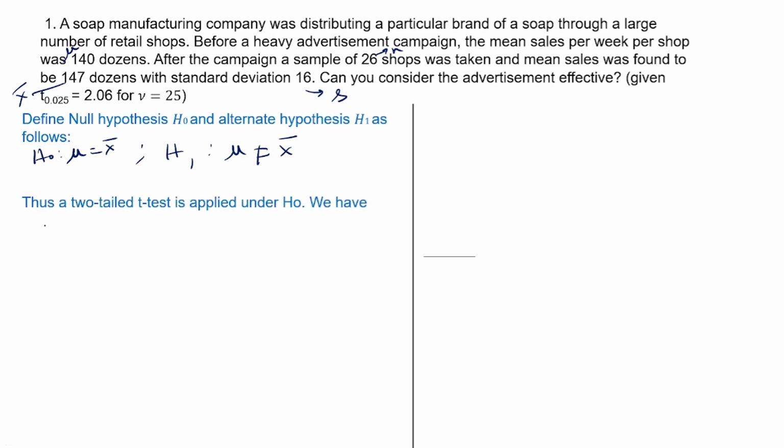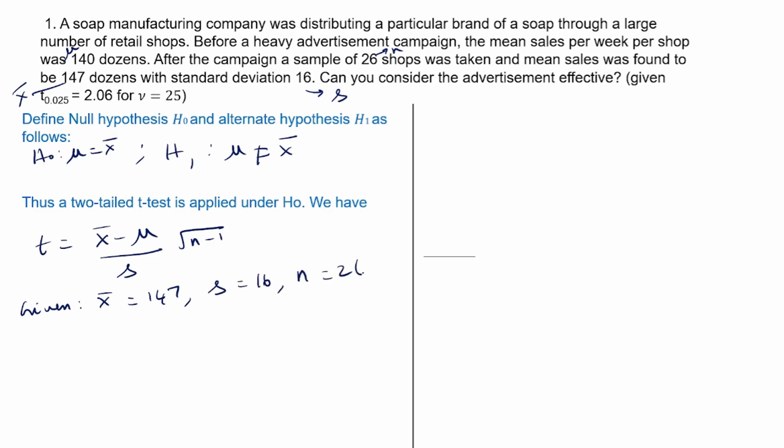So we have a two-tailed test applied under H0. We have the test statistic t equal to x bar minus mu upon s into root of n minus 1. Given x bar is 147, sample standard deviation is 16, sample size is 26 and mu is 140. When we substitute all these values here, we will be able to find the value of t.